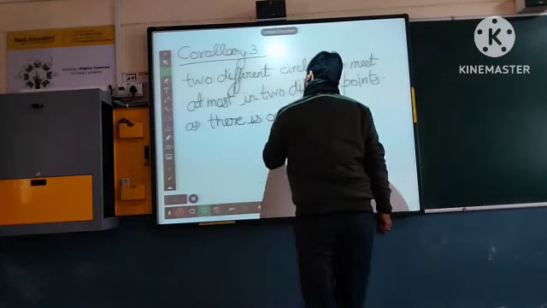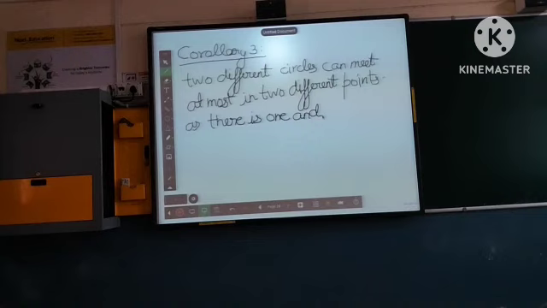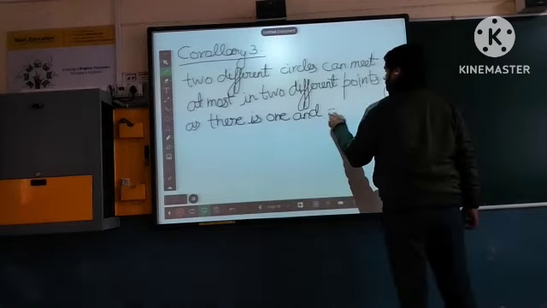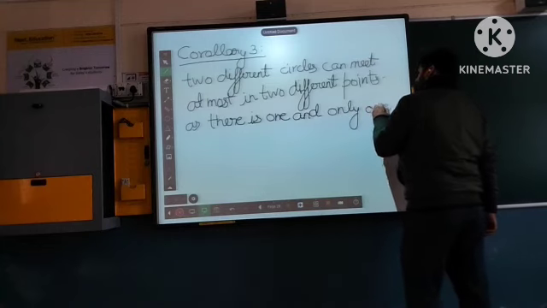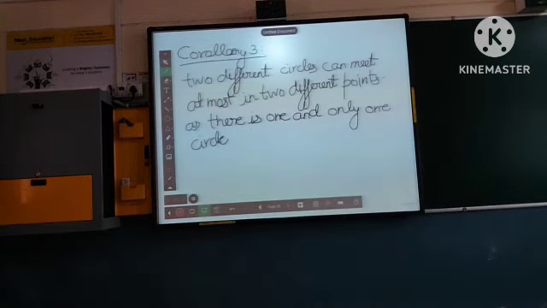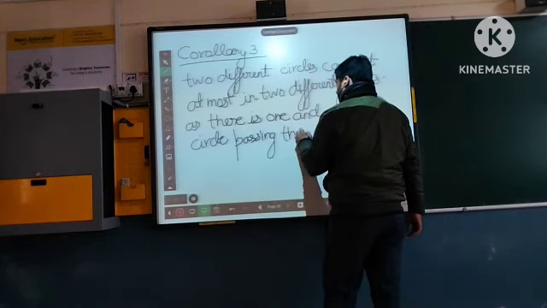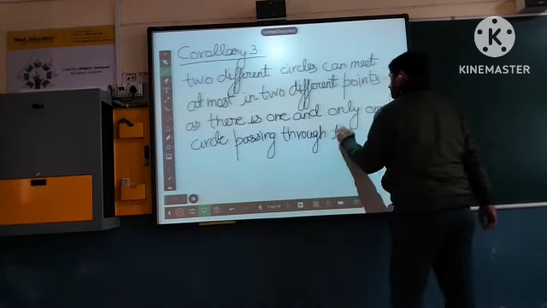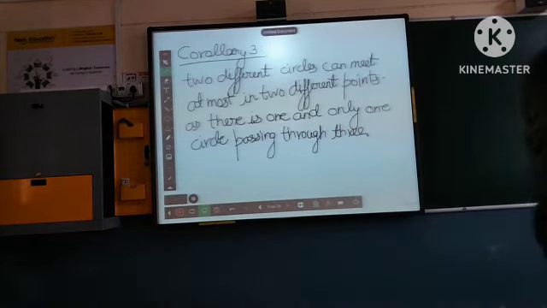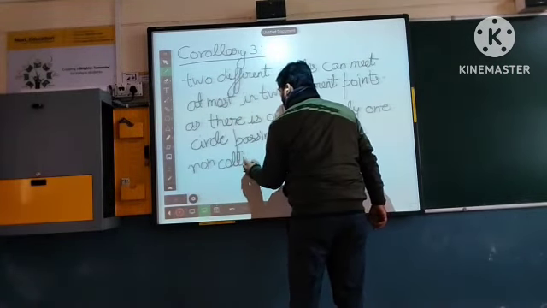As there is one and only one circle passing through three non-collinear points.